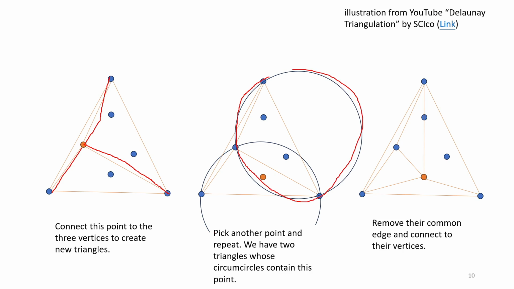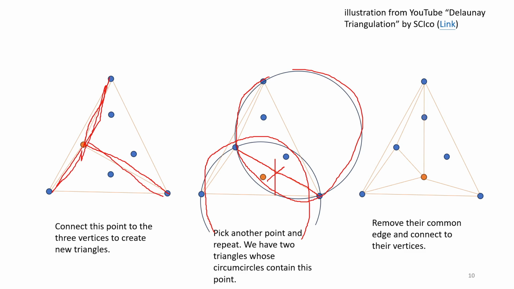Then we find they have a common edge. This is the common edge. Therefore, we remove this common edge. Let me start from here. We created this. From this point, we created new lines here.